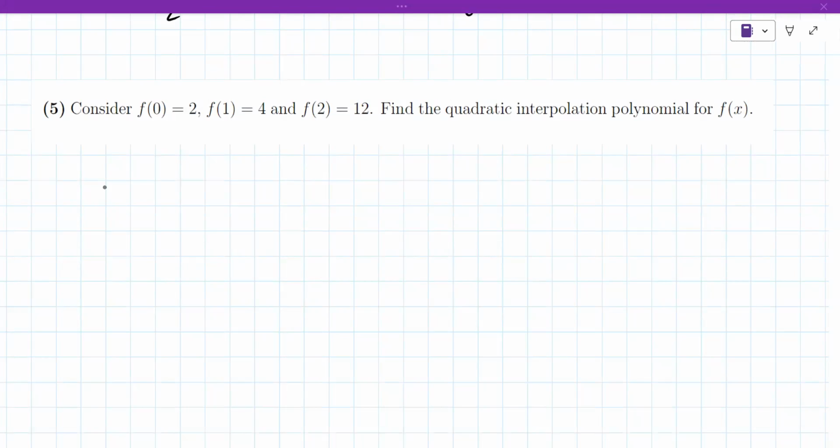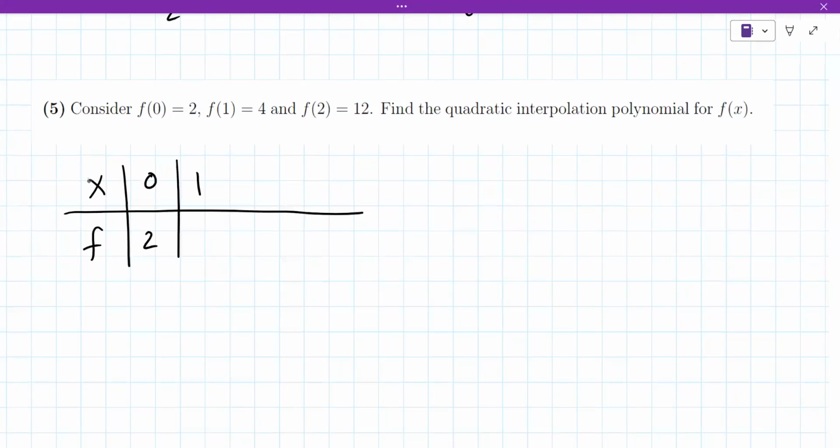Okay. All right, now in the quadratic interpolations, you have to first make a table of x and f. And I did look at the solution before going on it. So x is 0, y is 2, x is 1, y is 4, x is 2, y is 12. What you have to remember is that f means y in this problem.